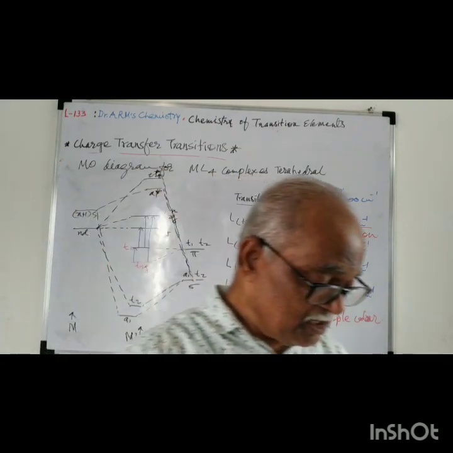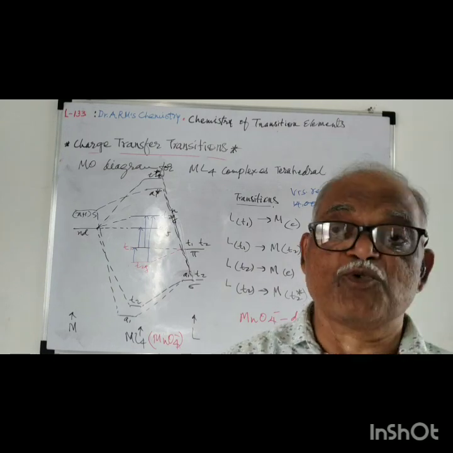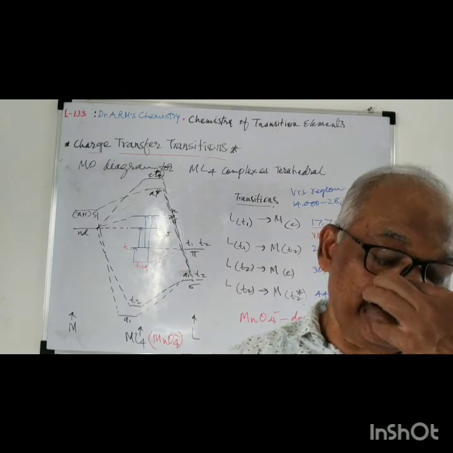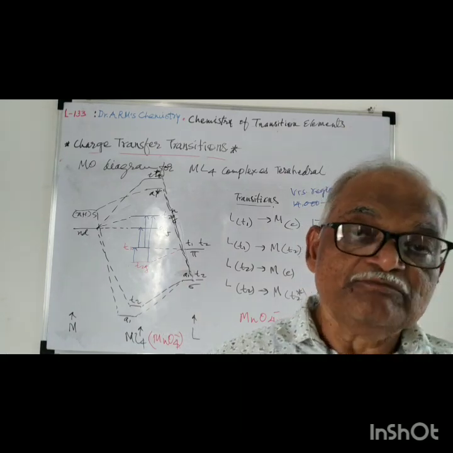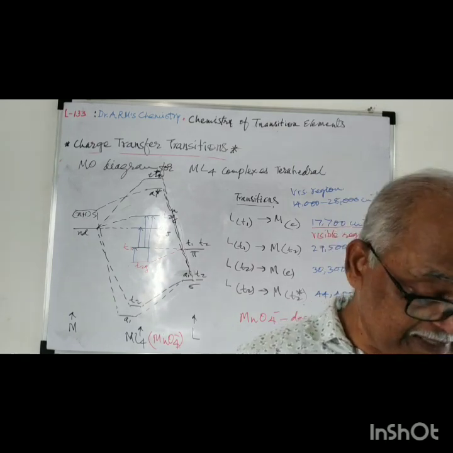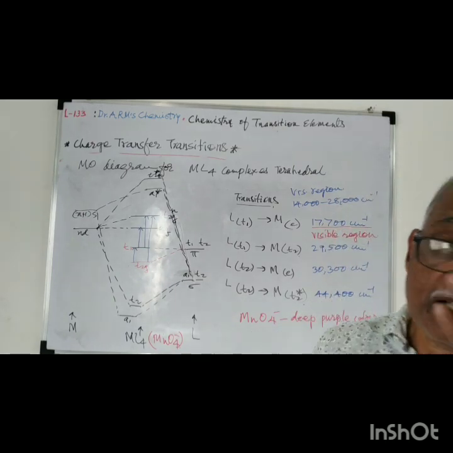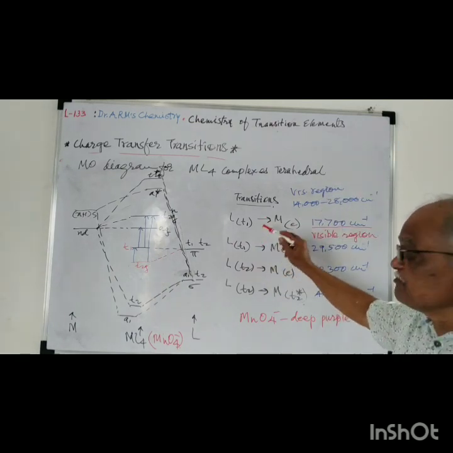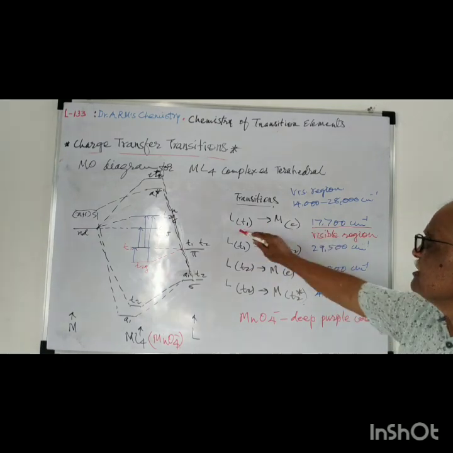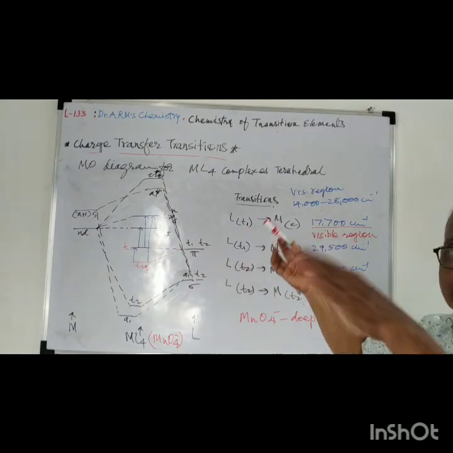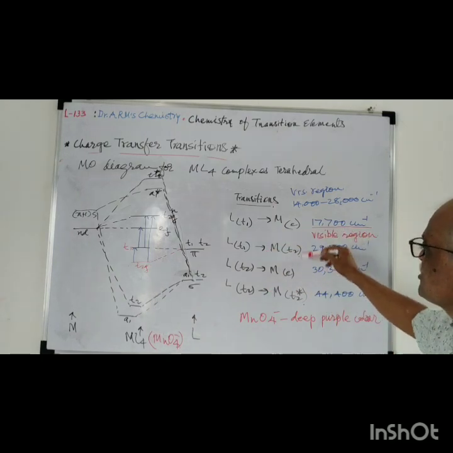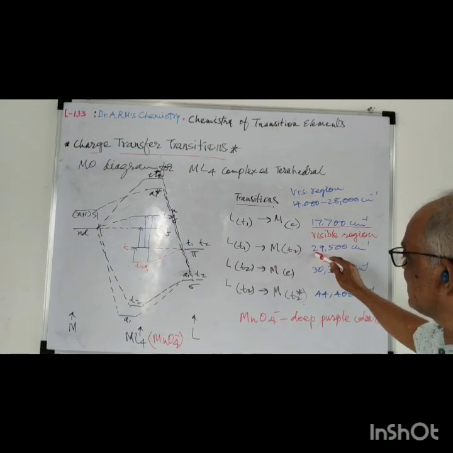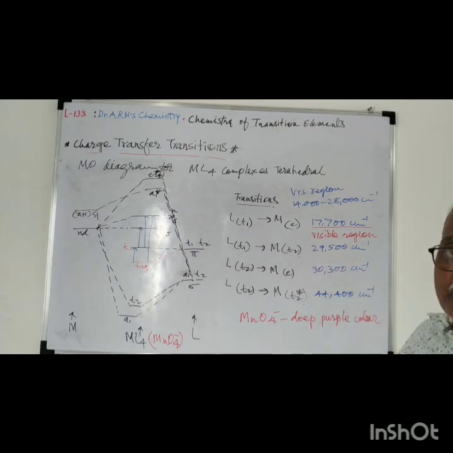So if the question is asked, why MnO4 minus gives deep purple color, we have to explain that this is a tetrahedral complex, and it gives charge transfer transitions of these four types, out of which the first type of transition falls in the visible region of the spectrum, whereas the other absorption bands appear in the high energy region.